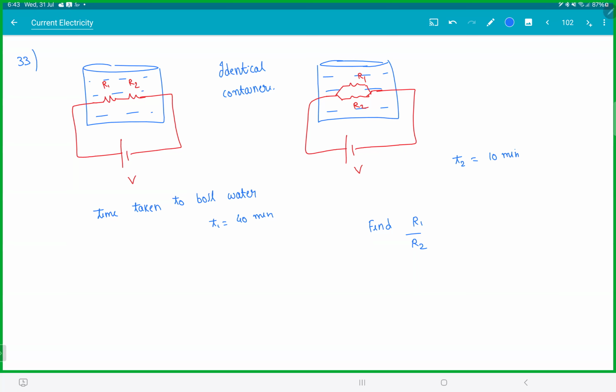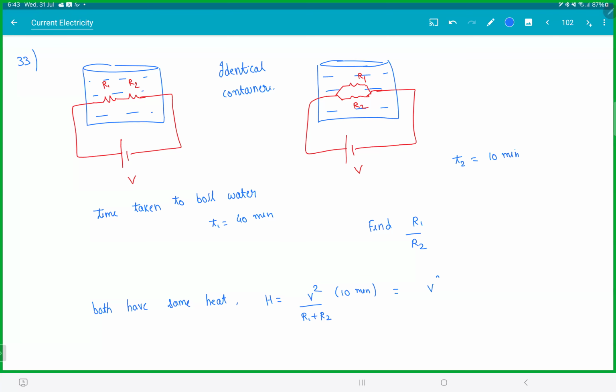One, yeah, they're equal. So in the first case, now see, the time taken to boil the water is the same. In both cases the heat will be the same. So the heat H will be, in the first case, V square by R1 plus R2, that is the power, into time, 10 minutes.